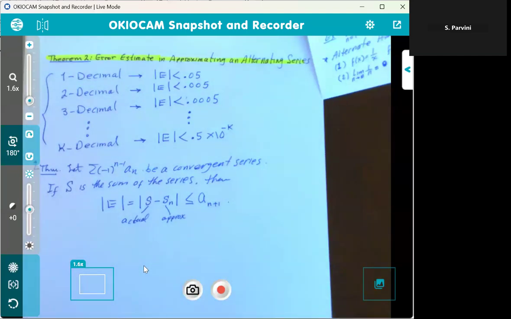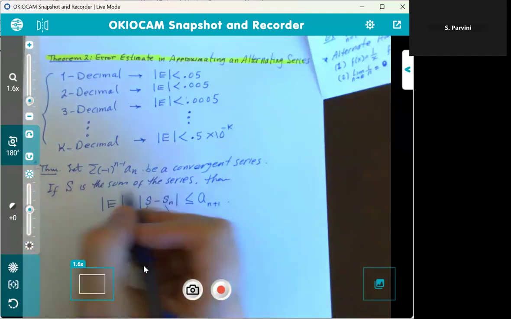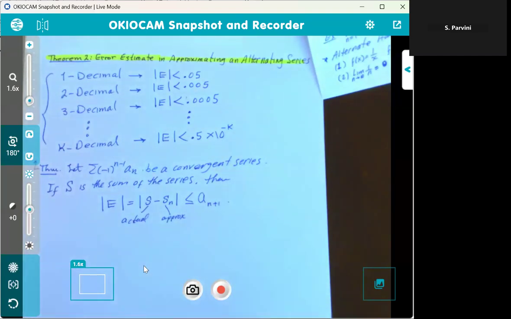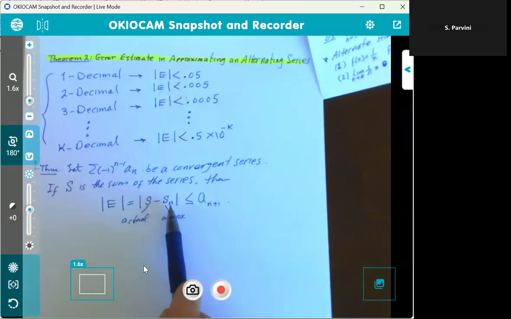Now, this theorem is very useful, very powerful, because it tells us, based on a selected number of terms, how accurate the approximation is. Very few series can we do that with, right? So for example, let's say S sub 4. That means I'm using 4 terms of a series.